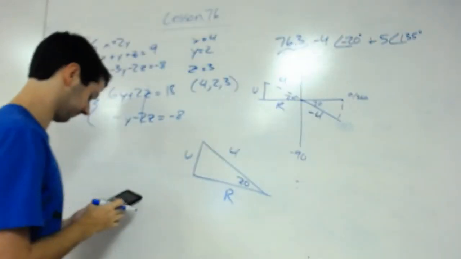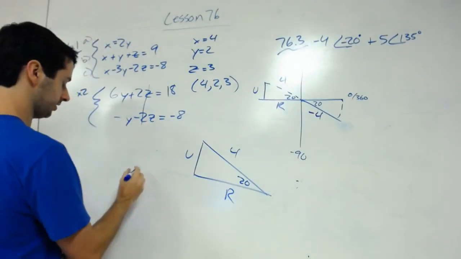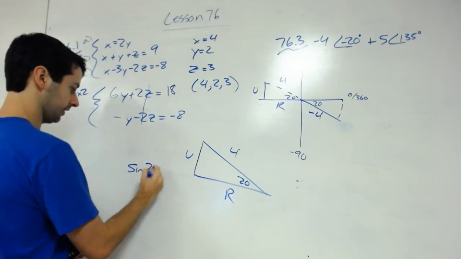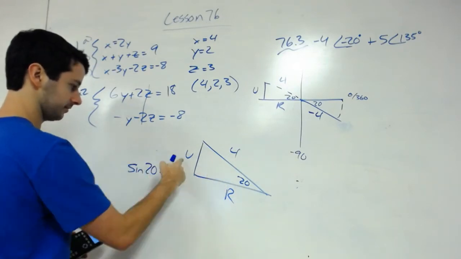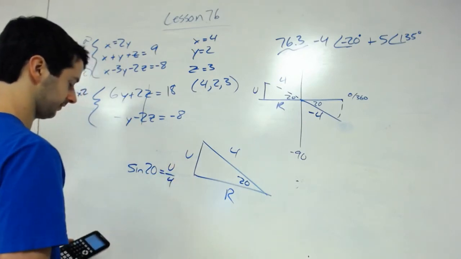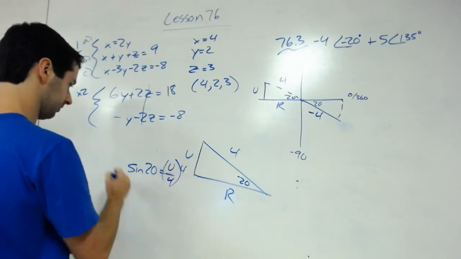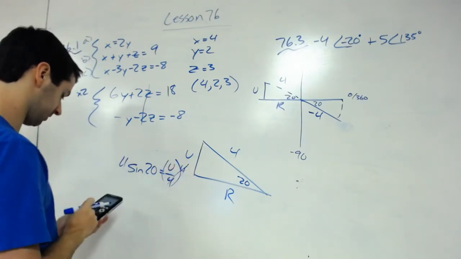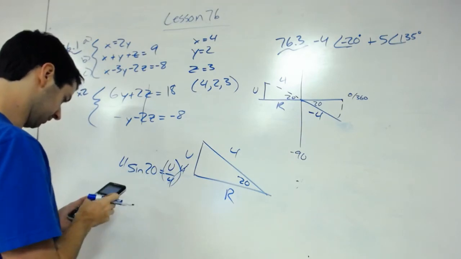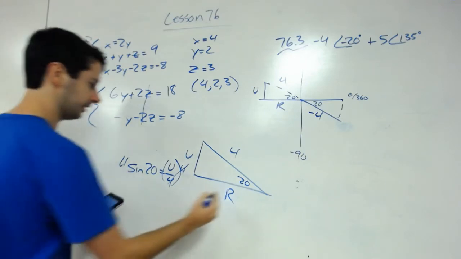Get my calculator. Sine, cosine, and tangent. Sine of 20 equals opposite u over hypotenuse 4. When I multiply by 4, that's 4 sine 20, which is 1.39.